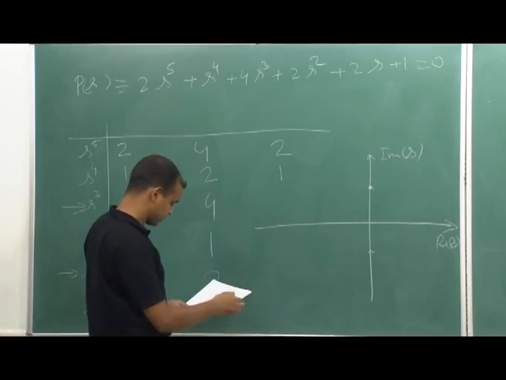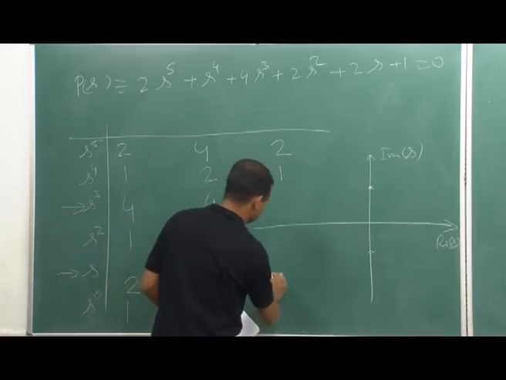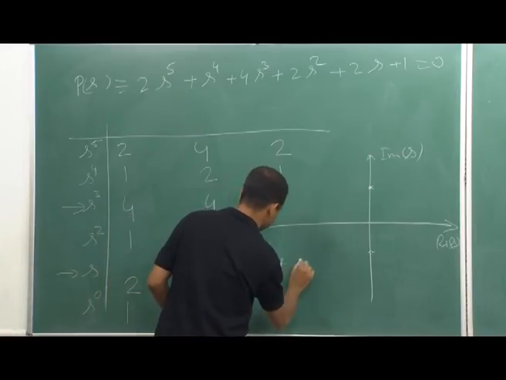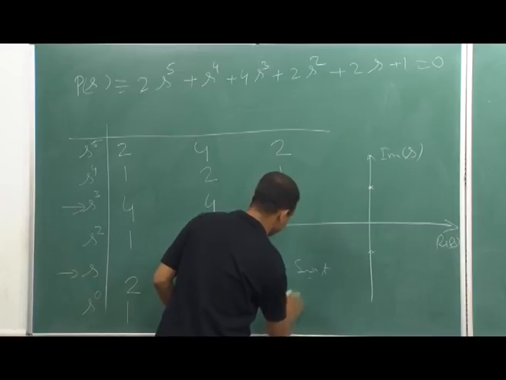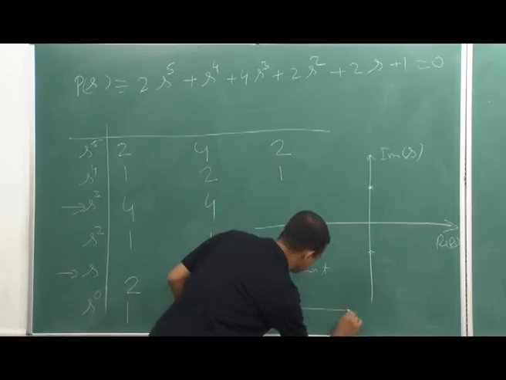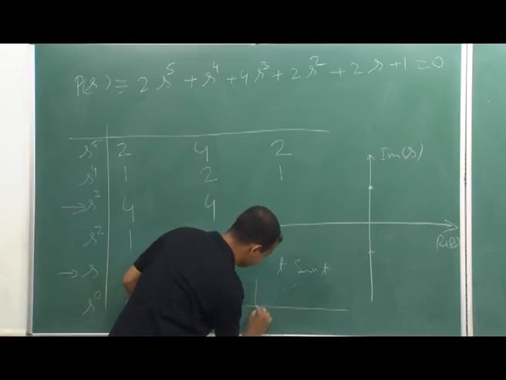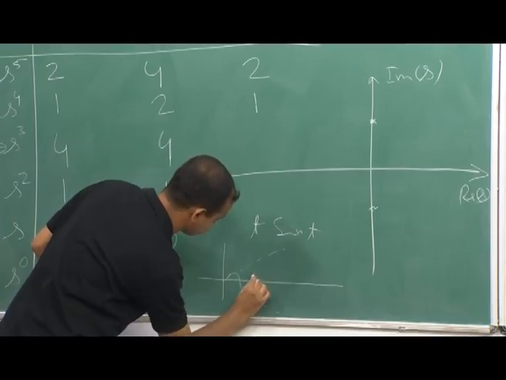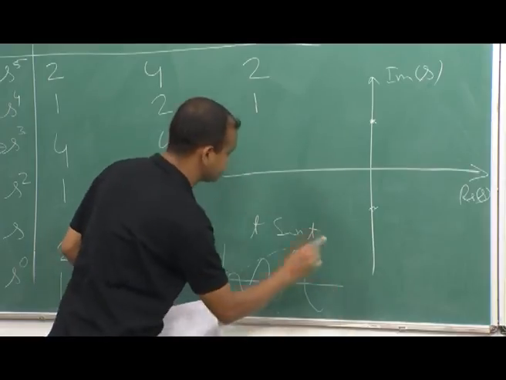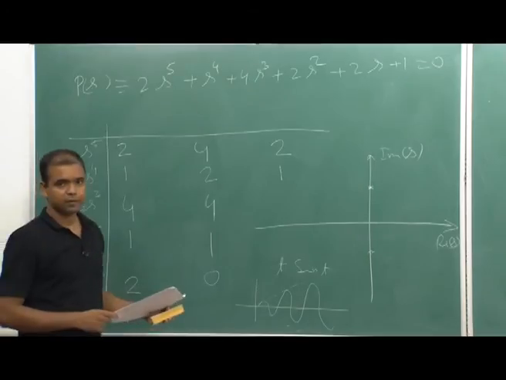If you remember, its response was t sin t. If this is my t, its response will look something like this, and the system is unstable. Thank you very much.